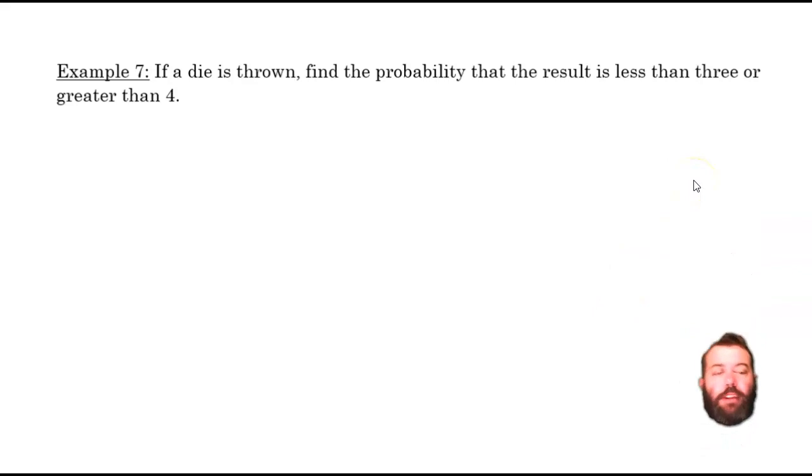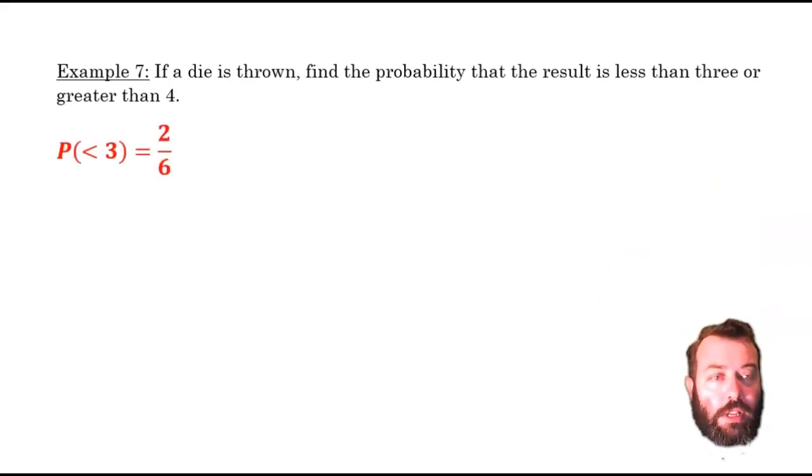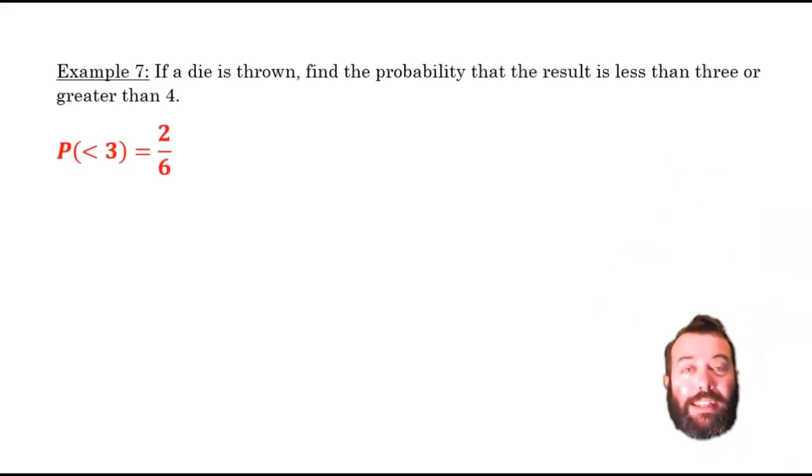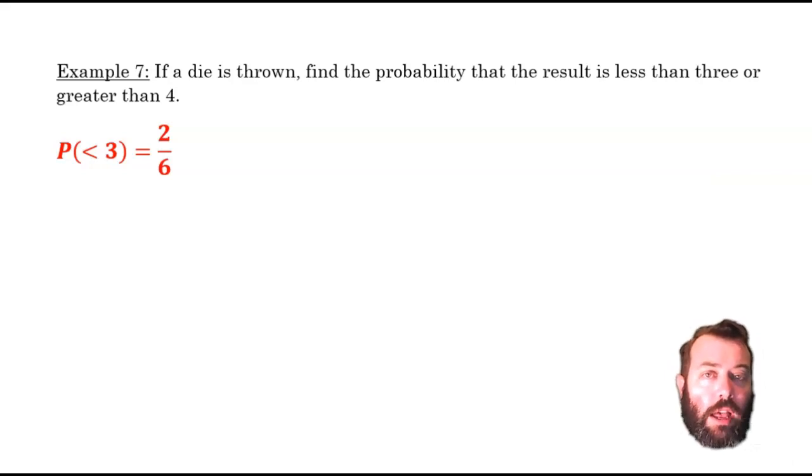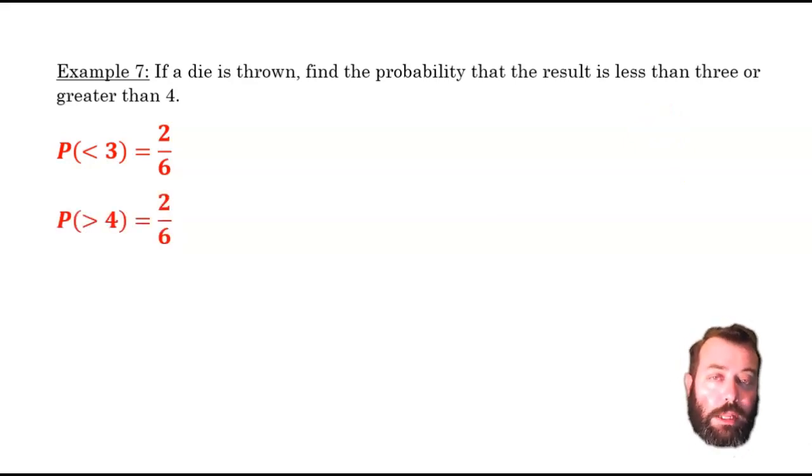Here's an example. If a die is thrown, find the probability the result is less than 3 or greater than 4. Those are two events and they're mutually exclusive because a number can't be less than 3 and greater than 4. So, probability of less than 3, 2 out of the 6. Probability that's greater than 4 will be, again, 2 out of 6. That's 5 and 6.